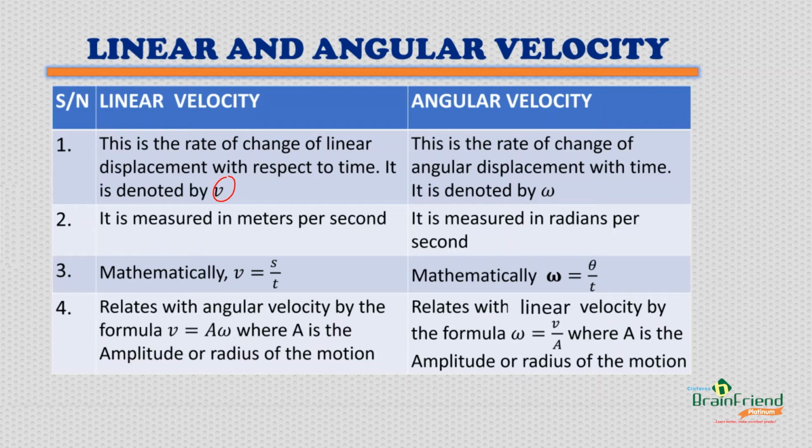Mathematically, linear velocity is represented as v equal to x over t, while angular velocity omega is represented as theta over t. Lastly, linear velocity relates with angular velocity by the formula v equal to a omega, where a is the amplitude or radius of the motion, while angular velocity relates with linear velocity by the formula omega equal to v over a, where a is the amplitude or radius of the motion.